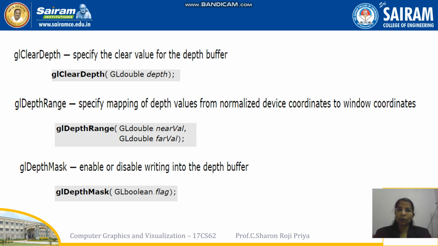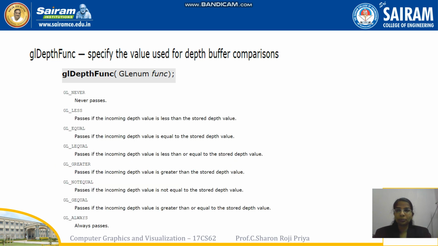That is, I can read from it and I can write into it. Suppose this flag value is false, I cannot write to my depth buffer, I can only read from my depth buffer.